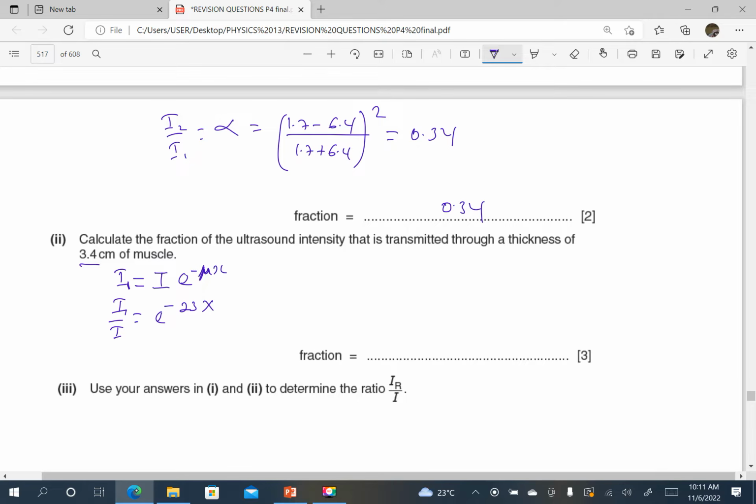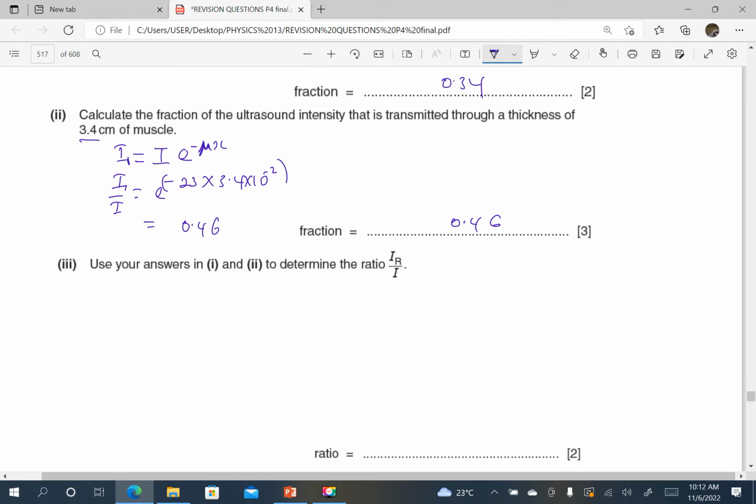The thickness of the muscle is 3.4, so that is 3.4 times 10 power negative 2. When we press our calculator, I am getting 0.46. So the ratio is 0.46.